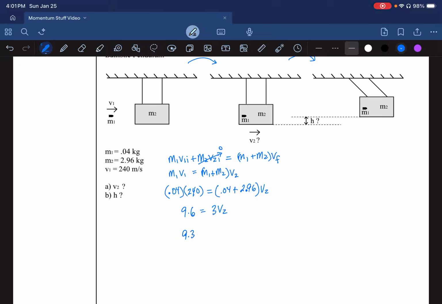And so 9.6 over 3 equals v2. And that is 3.2 meters per second to the right. On the AP test, it will typically ask you in a separate question, what's the direction, but I think in this case, it's pretty obvious. So that's v2.